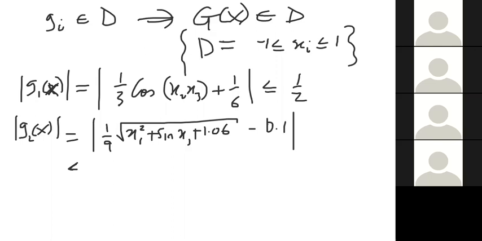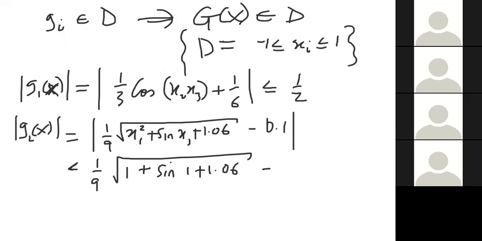So this will be less than 1 over 9, then square root of 1 plus, so it's like I'm taking x1 to be equal to 1, x3 to be equal to 1, and then I'll be able to get this plus 1.06, then minus 0.1.